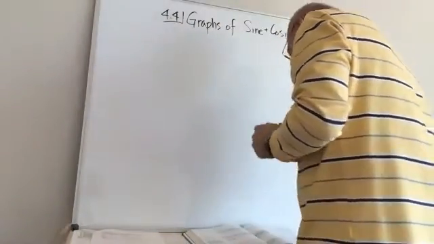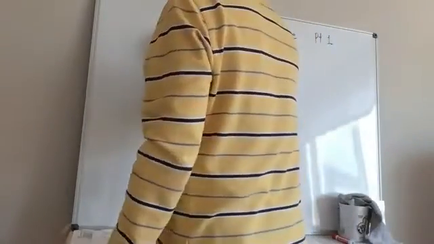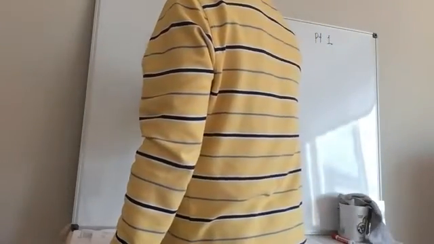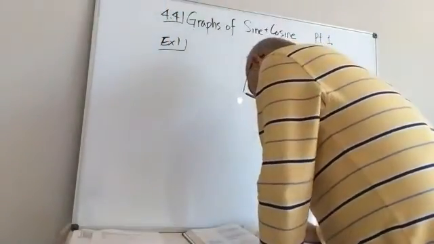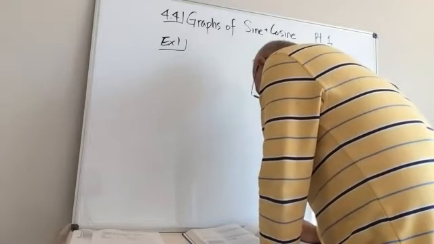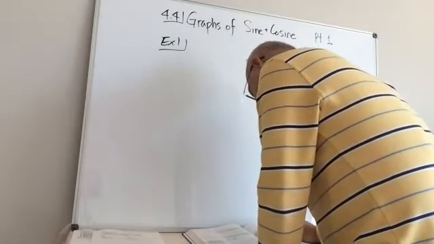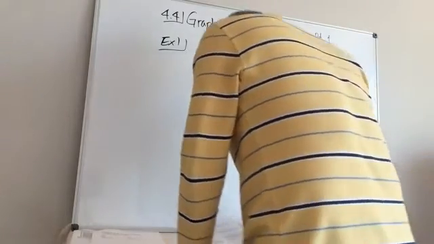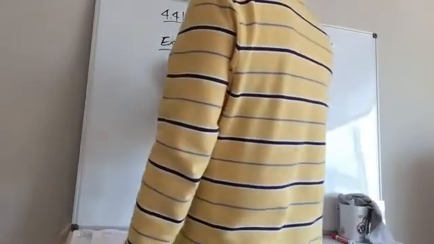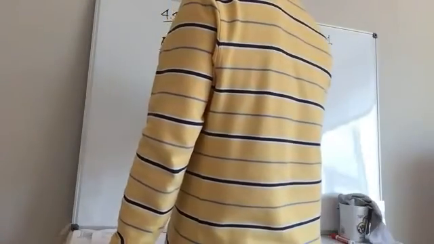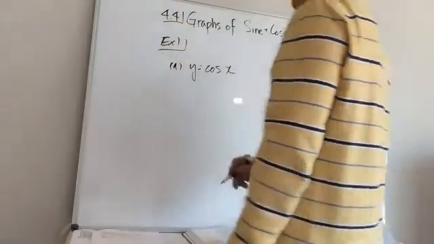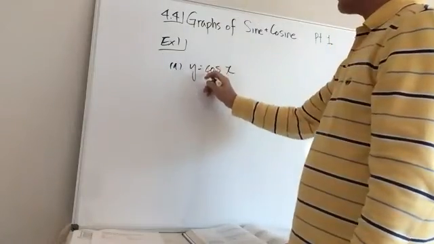All right, so example number 1. Find the amplitude of each function and use the language of transformation to describe how the graphs are related. Okay, so you have A, y is equal to cosine x. The amplitude here is going to be 1. We already discussed that, right?